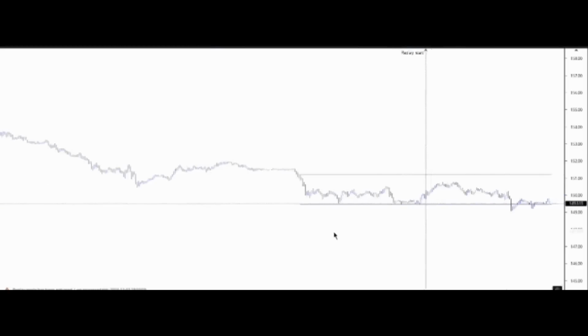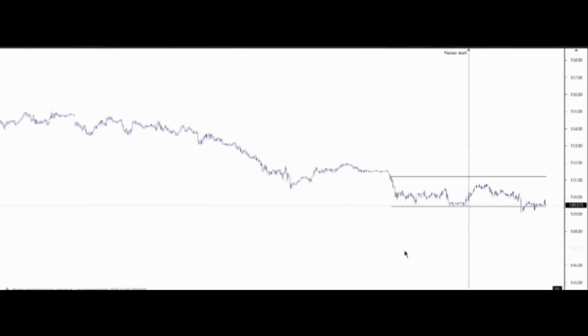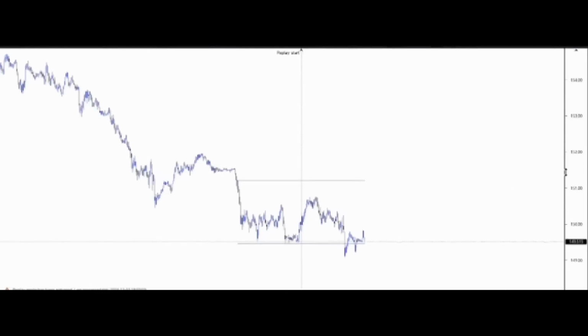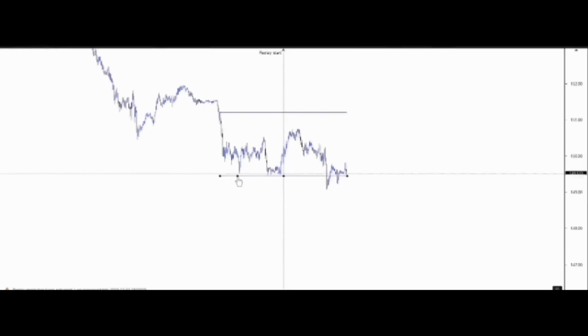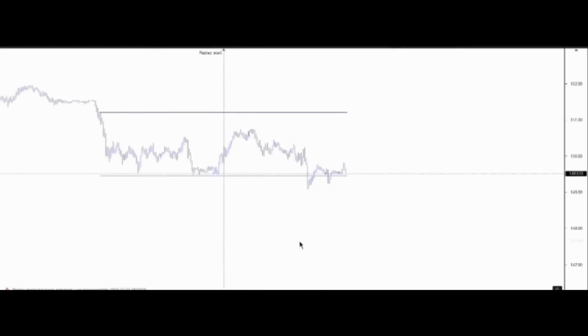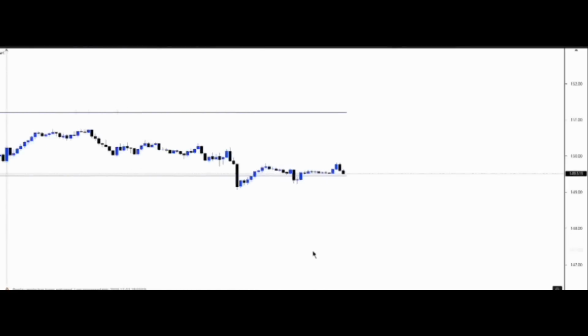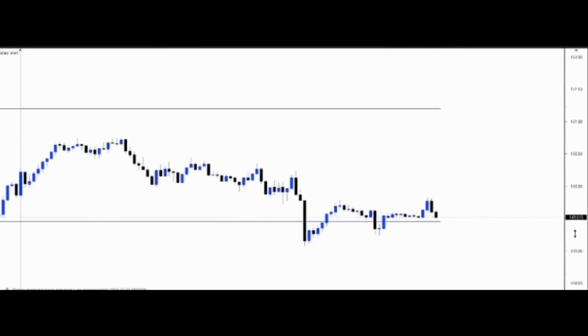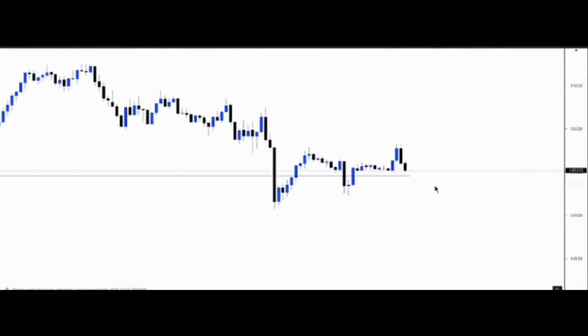Okay, so let's see. This is where price swept the liquidity of the previous candle. Understand? Remember that? And this is our TP if it gives us any reason to enter the market. If we don't have any reason to enter the market, then we don't need to.